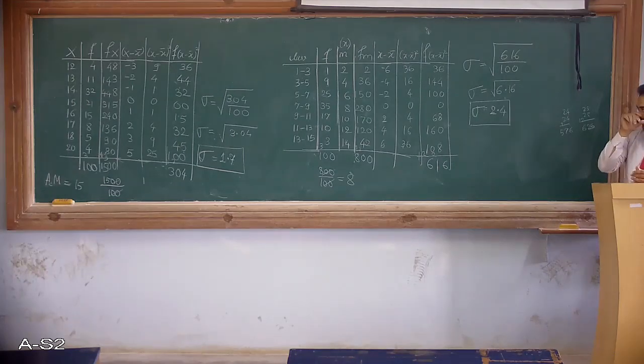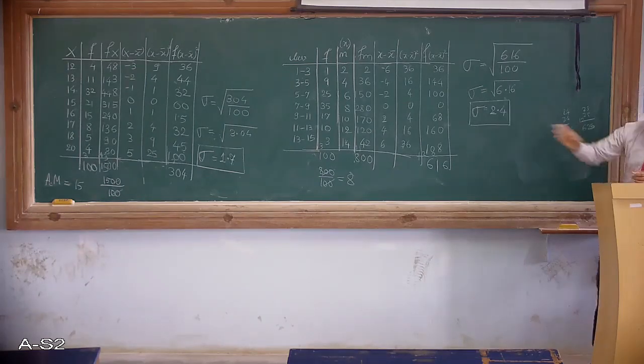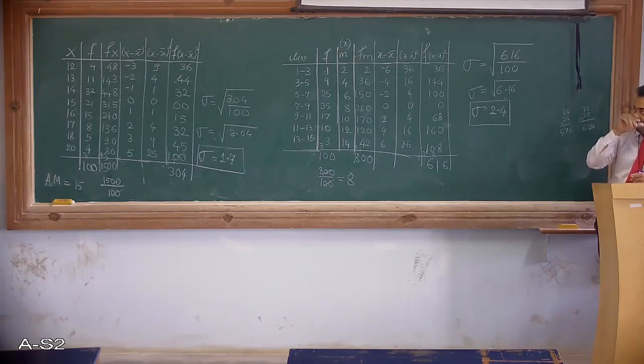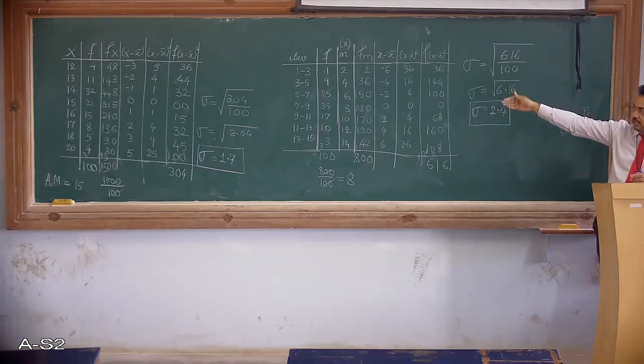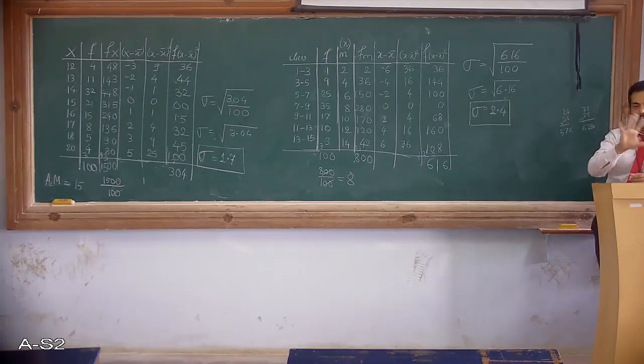So indirectly, the arithmetic mean we have got is 8. So 8 minus 2.4 would be 5.6, and 8 plus 2.4 would be 10.4. So most of the values are from 5.6 to 10.4. If you consider the frequencies, that will give you 25, 35 and 17. That is the central part, and how the values are concentrated in the central part is the measure of standard deviation.